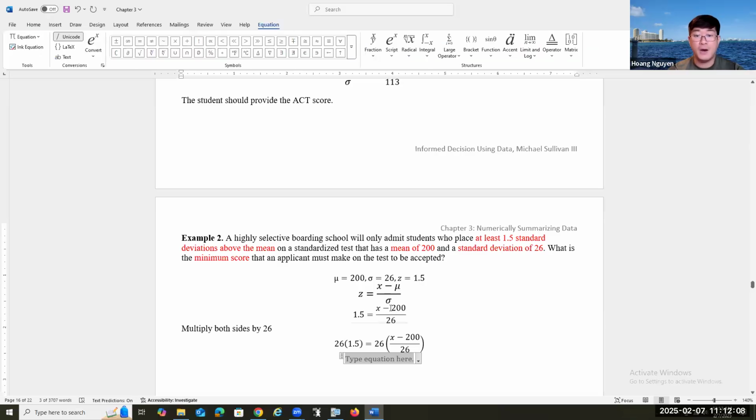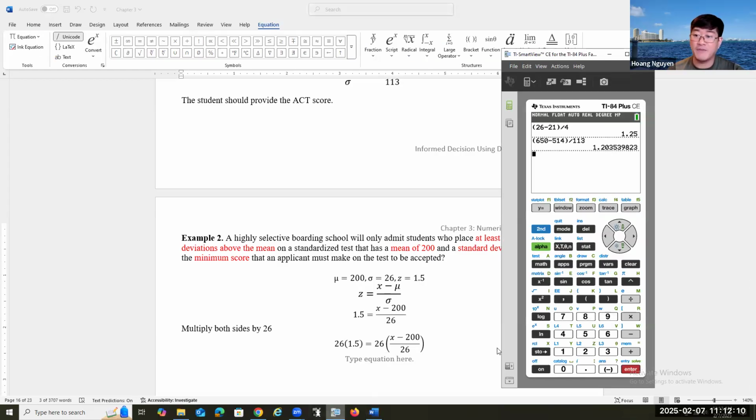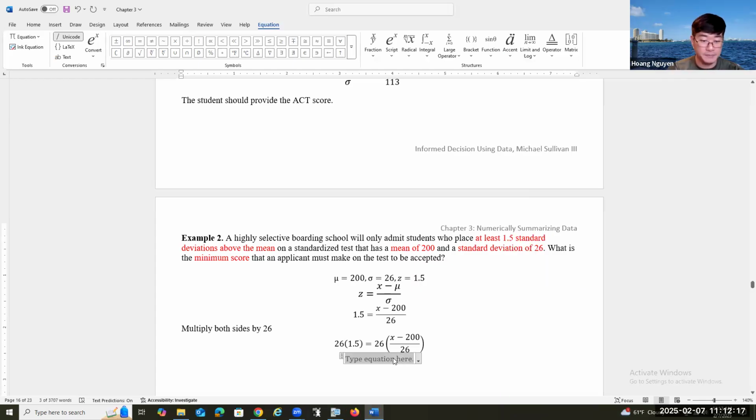Now, 26 times 1.5, I believe, is going to be 39. Equal. On the right-hand side, the 26 will cancel out with the 26, so you only have the numerator, x minus 200.